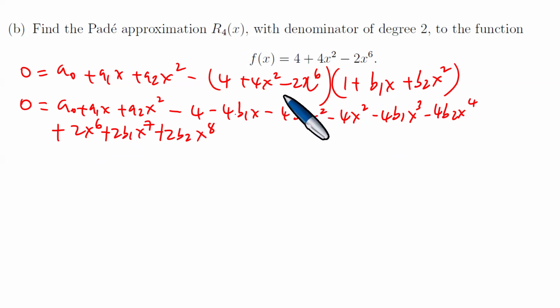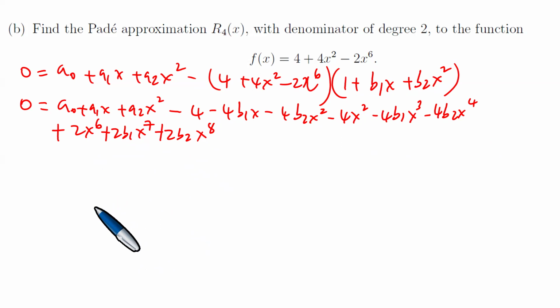So you're going to be having the 2x to the 6th power, but it's going to be positive because it's negative. And then there's also 2x to the 6th power with the b, which is 2b1 x to the 7th power. And this one is going to be 2b2 x to the 8th power. Okay, we're good. It remains to just group like terms together.